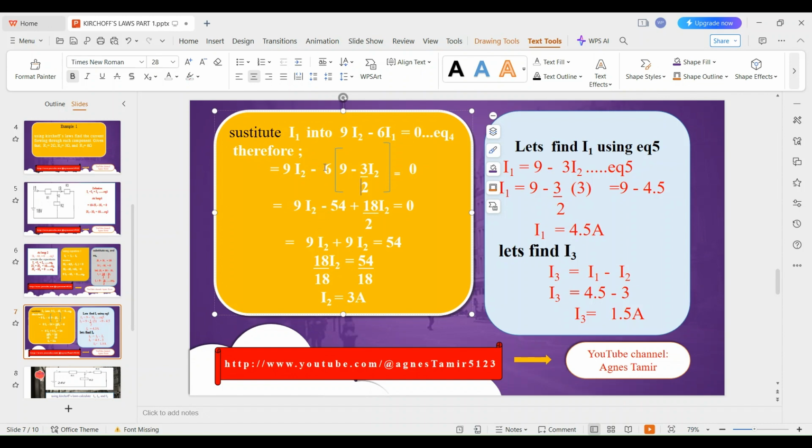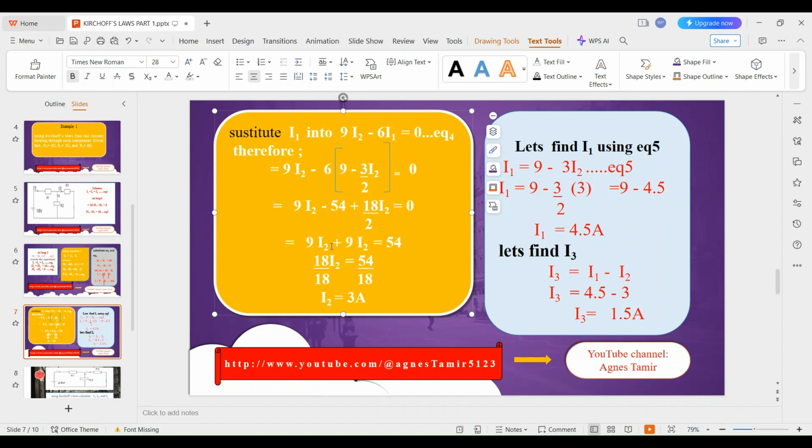So 9I2 minus 6 times 9 is 54. Negative by negative is a positive. So we shall have 6 times 3, it's 18 over 2, equal to 0. Let's divide by 2 here. We shall have 9. And this 54 we move to the other side so that we can sum up the like terms.